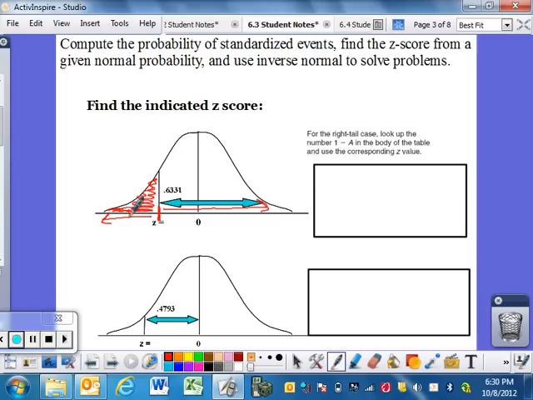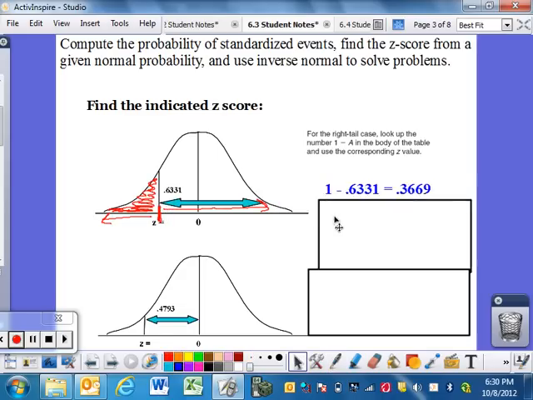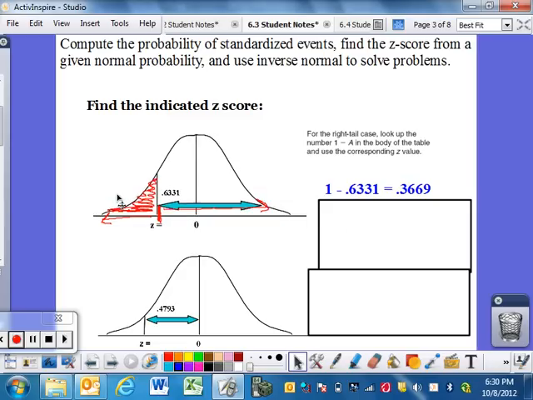Think complement. Here's my line. I want the left, but they only give us the rest of it. So you might need to work the complement. If I go 1 minus 0.6331, I get 0.3669. That is the probability in this little shaded area, and that's the number I'm looking for.